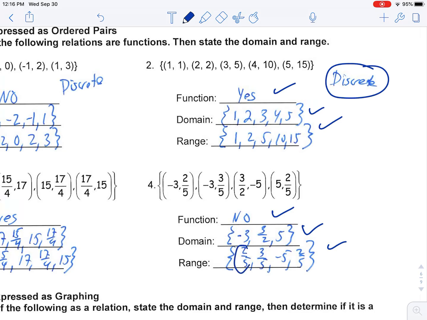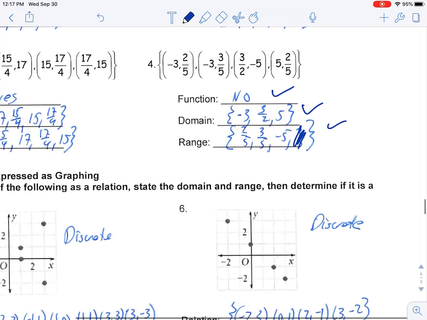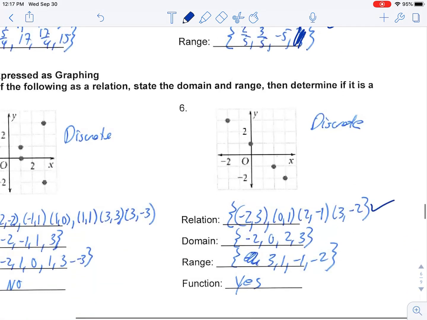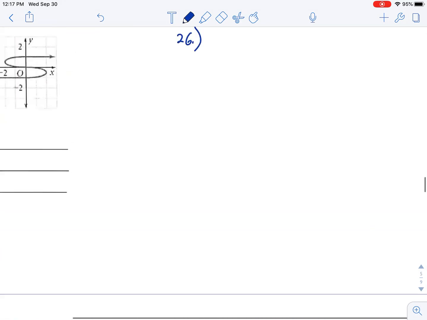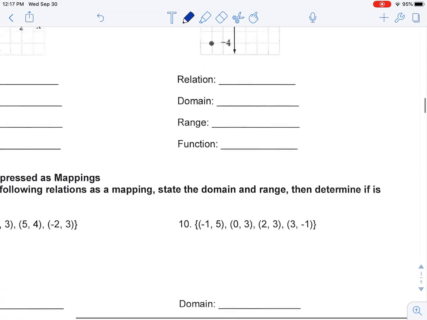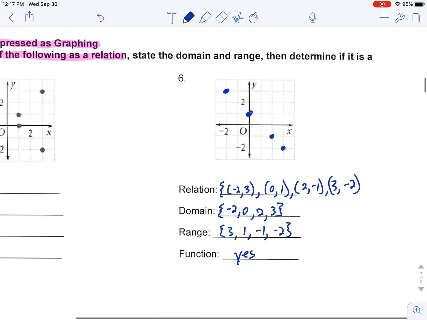Oh, look. That's written twice. Normally that's not done. I'll be honest with you. That's not typical. So, yeah, that's fine. And then number 6 I just did. So here's the ordered pairs, domain, range, and yes, that is a function. Is that the same as my answer? Yeah, okay. I guess I need to put a bracket there.